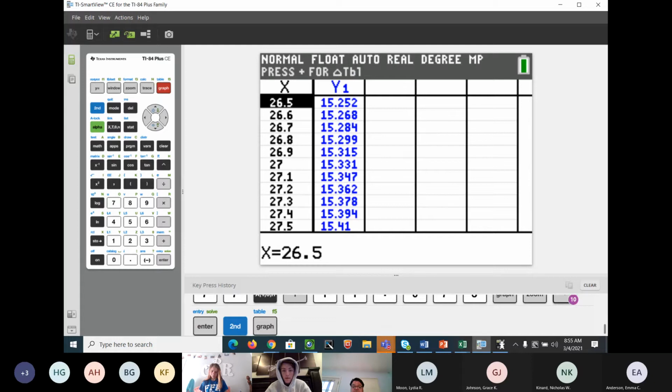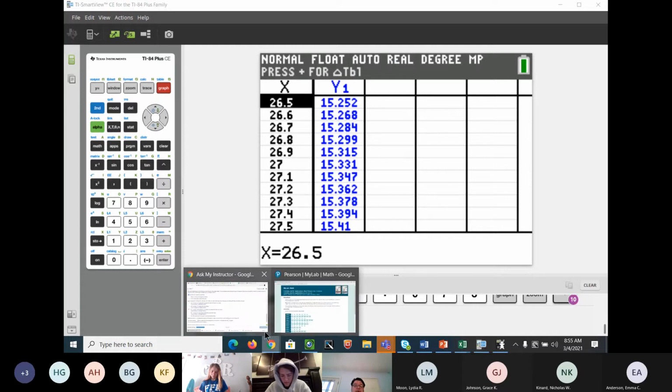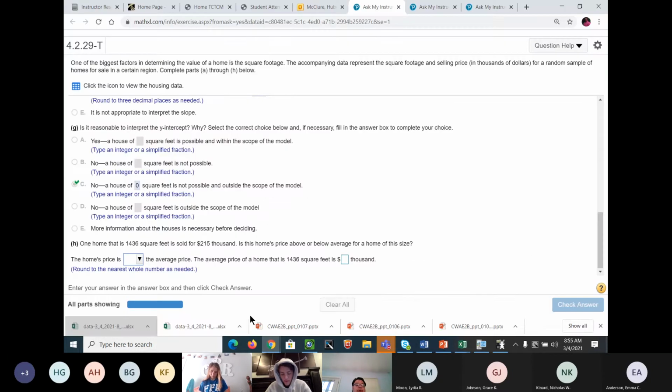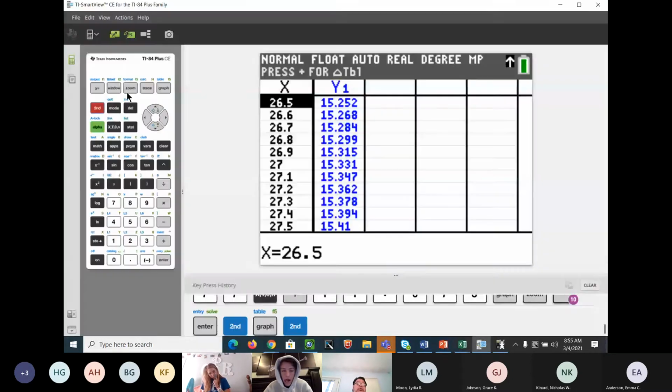Let's see what they're asking. Do they ask for a whole number? One home that is 1436. So we need whole numbers. So let's go back, change ours to whole numbers. Second table set.